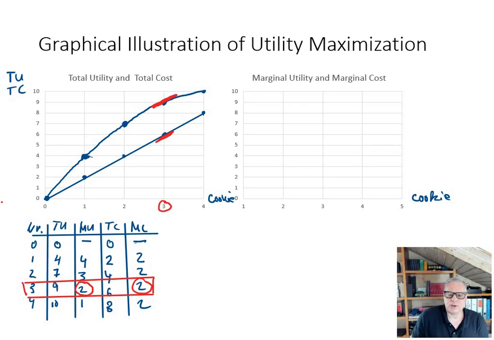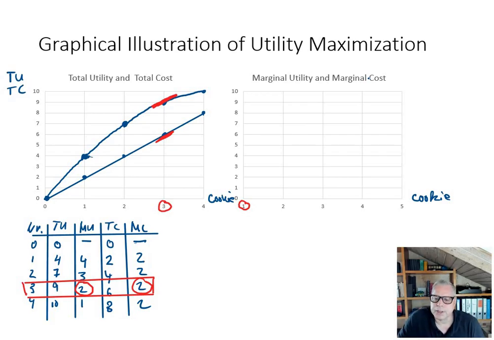Okay, so now let's take a look at the marginal utility and let's draw that. And you see here I already start at 1, so I don't need 0. So at one cookie I have a marginal utility of 4. Let's go back to blue.